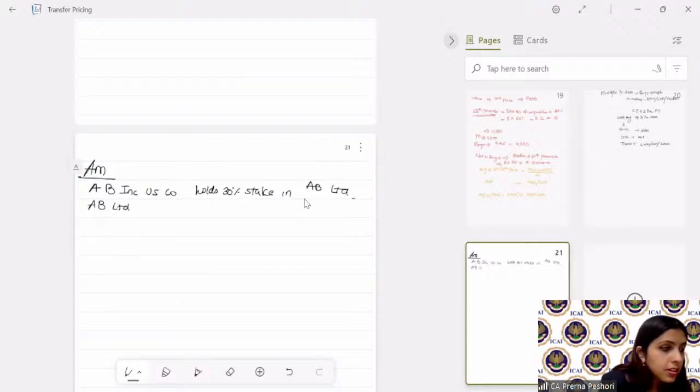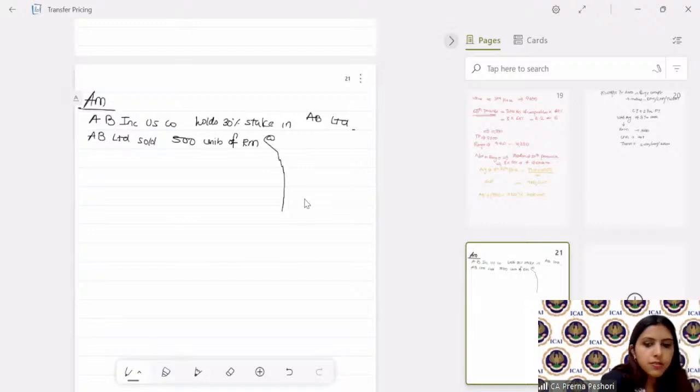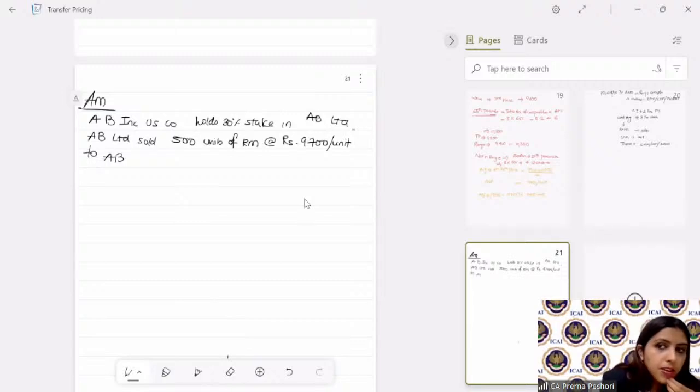AB Limited sold 500 units of raw material at the rate of rupees 9,700 per unit to AB Inc, right?